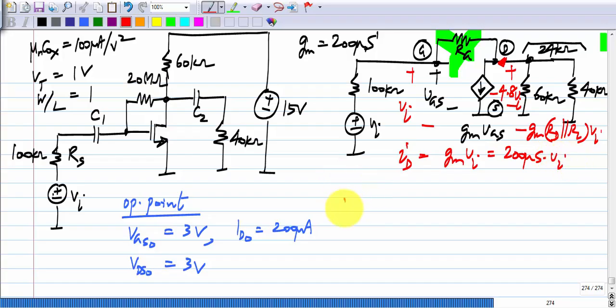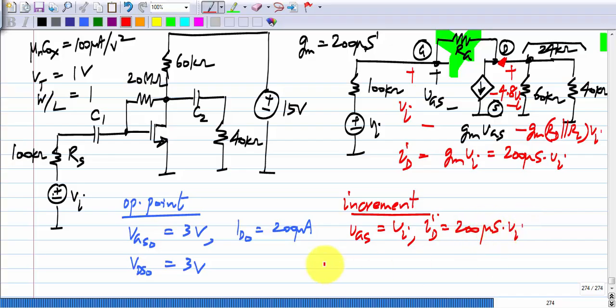So let me put those things down. The incremental VGS equals VI, ID equals 200 microsiemens times VI, and VDS, which is between these two, is nothing but the output voltage. It is minus 4.8 times VI. With VI equal to 0, you get the operating point conditions, and from this picture you get the incremental quantities. So you add the operating point quantity to the corresponding incremental quantity.